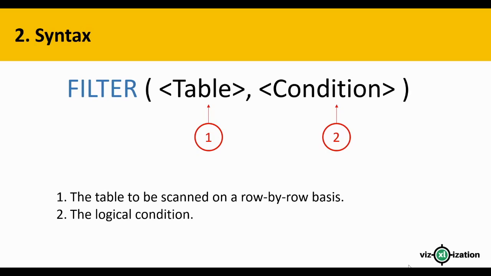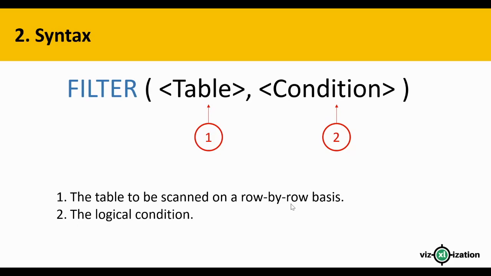The syntax is quite straightforward. Of course, we have the DAX function, which is FILTER, and we have 2 parts. The first one is the table. The second one is the logical condition. The table is the table to be scanned on a row by row basis. This is really important, guys.